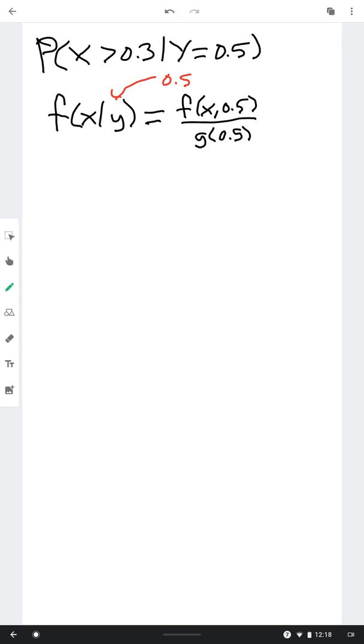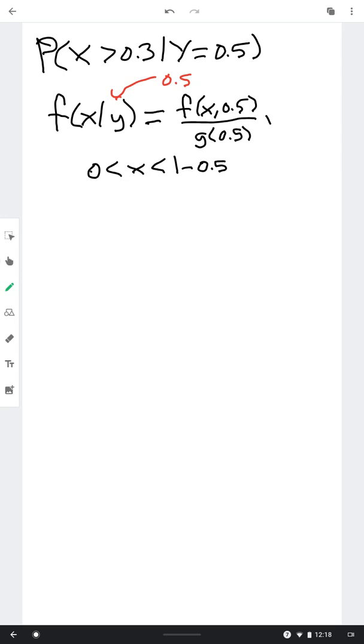So the limits of our function are going to be from 0 to 1 minus Y, or 1 minus 0.5. These are my values here, and I'm going to talk about that in just a second.